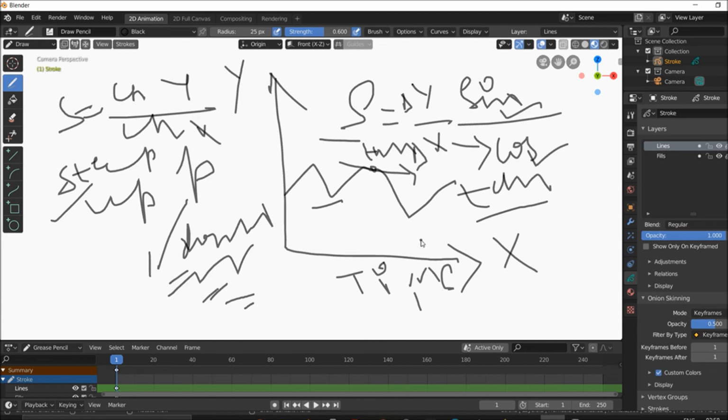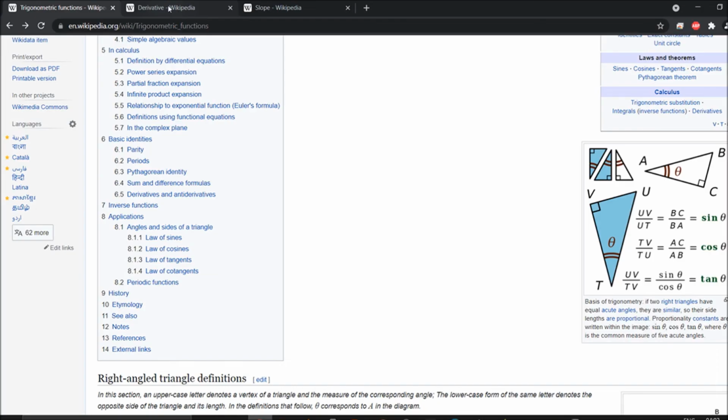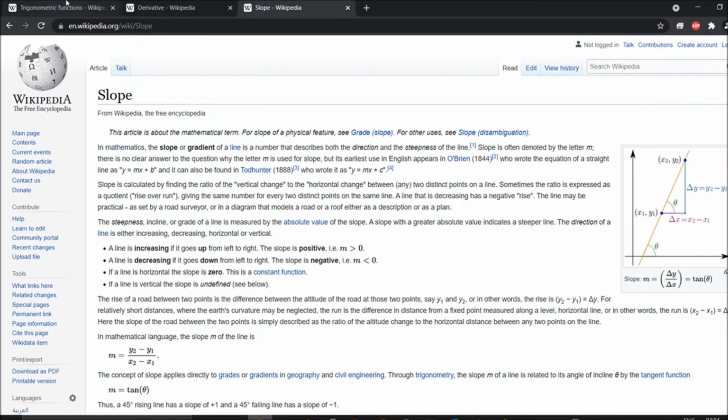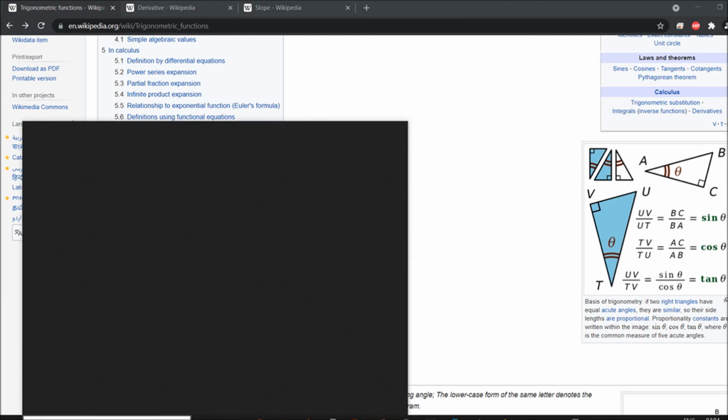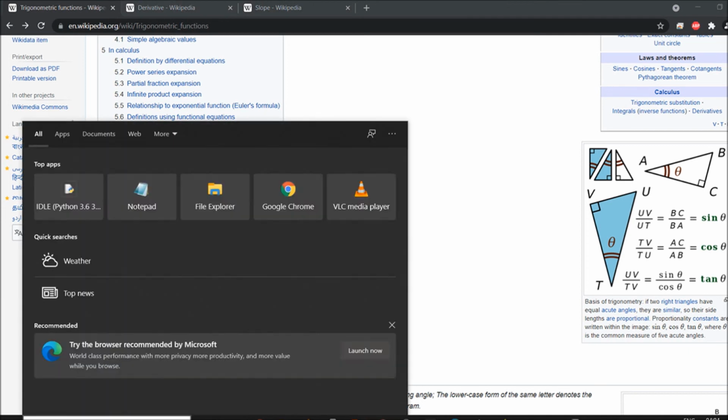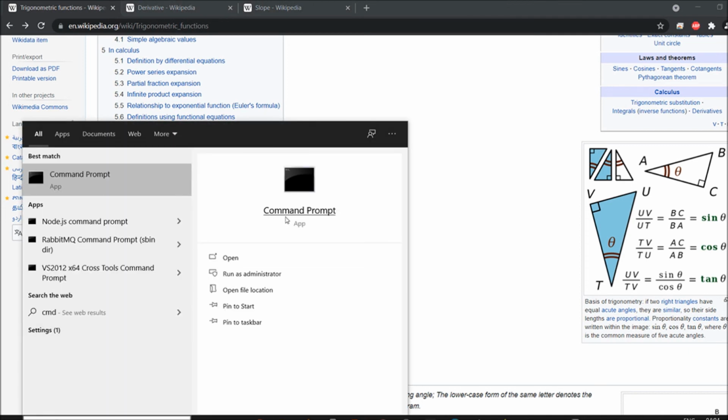Let's see trigonometric functions in clear depth, along with derivatives, slope, and especially calculus derivatives. From a Python perspective, you require a wonderful library, I must say.